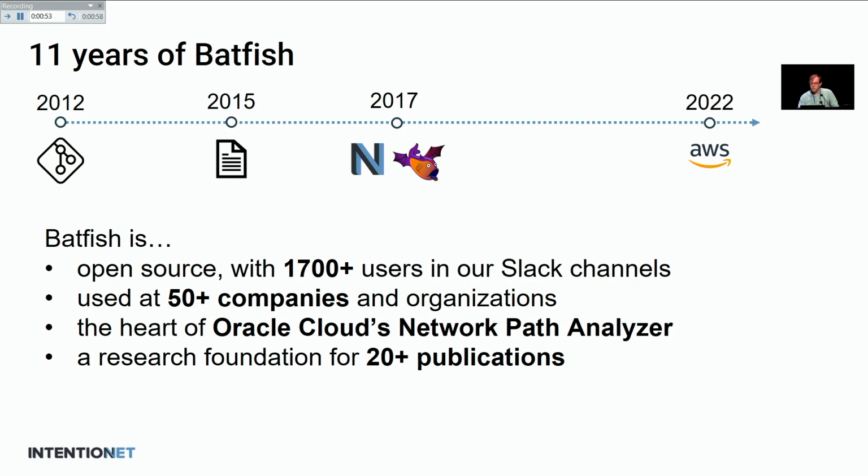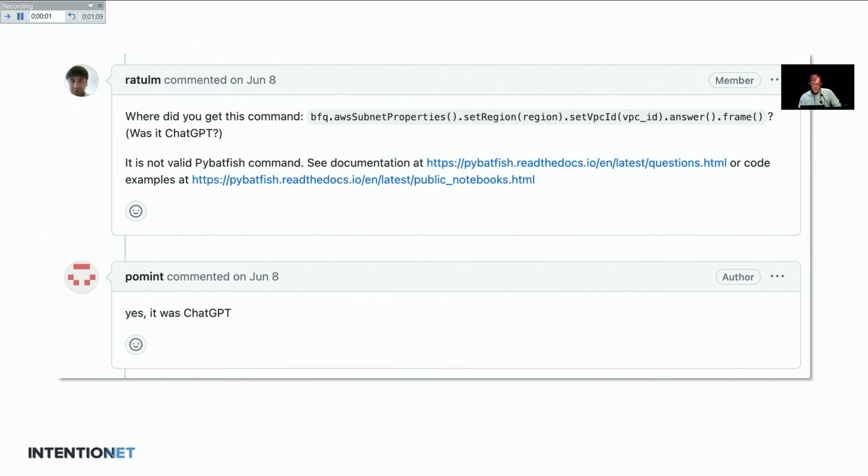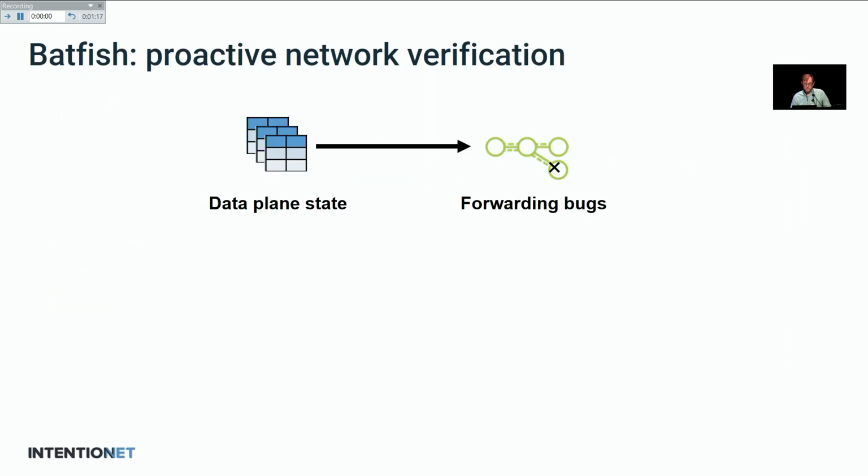In 2022, all the authors of Batfish joined Amazon, where we're taking this same technology and trying to make one of the world's biggest and highest SLA networks much better. And if you want a real sign of success in the open source world, we are getting ChatGPT hallucinations in our open source bug reports. So, there are real users out there.